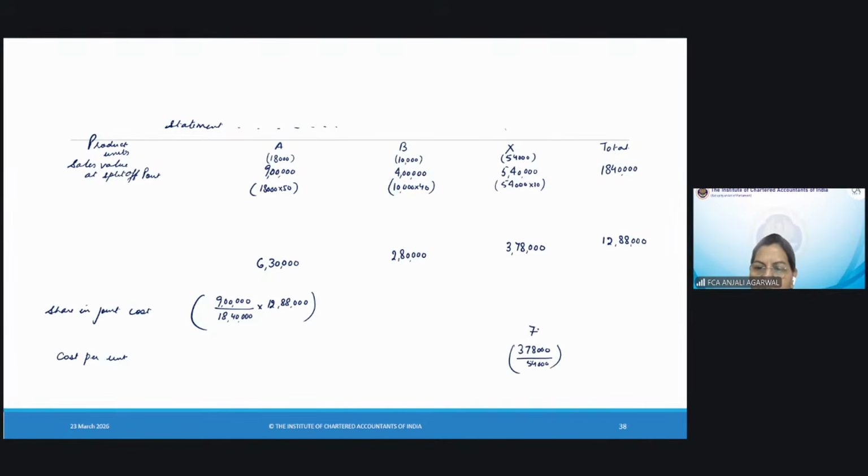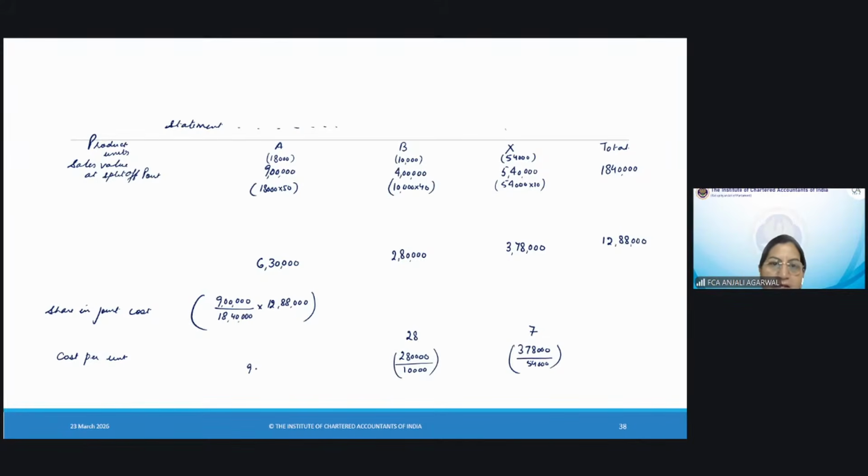So share in joint cost is 7 and post separation we have already calculated 2. For this one, 2,80,000 divided by 10,000 units, the cost comes out to be 28 rupee per unit.